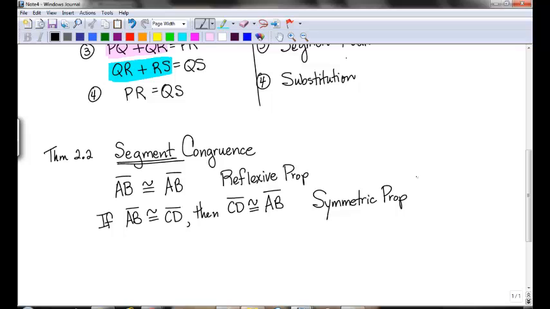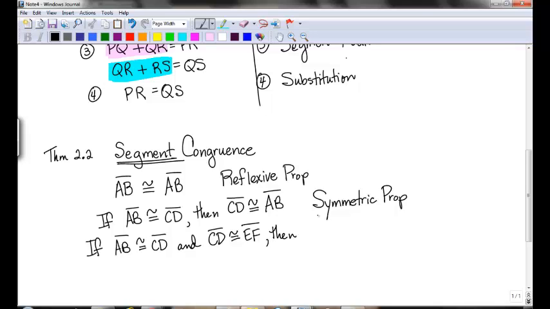Okay? And the last one, you can probably guess, is transitive. If segment AB is congruent to segment CD, and CD is congruent to segment EF, you need the segment above each one of those. Then, okay, what would my conclusion be?